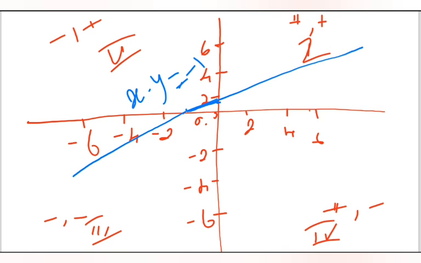So the second line, the coordinates are 0, 6 and 4, 0.